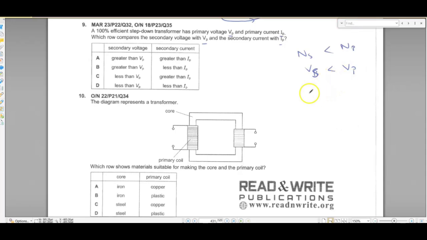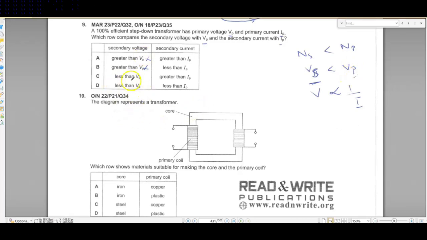And we also know that voltage is inversely proportional to current. So if we look at the options, the secondary voltage is not going to be greater than Vp. So this is not correct. The options with greater are not correct. We know that the secondary voltage in a step-down transformer is going to be lesser than the primary voltage.